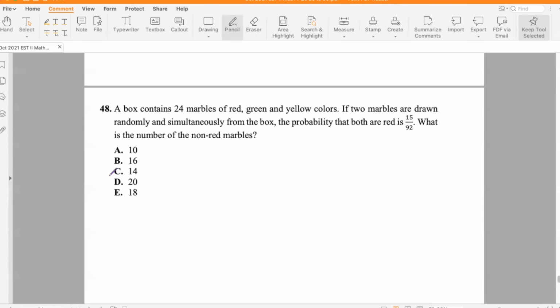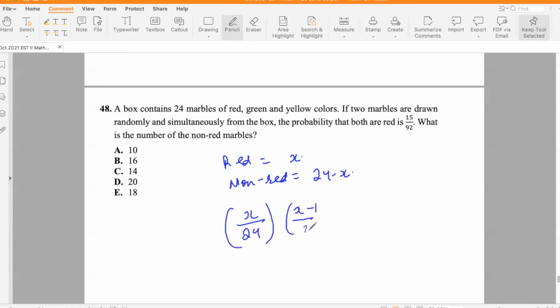Okay, so let the number of red marbles be X. Then non-red would be 24 minus X. So if you're selecting two marbles, right? Okay, so the first being red will be X by 24. And the second being red would be x minus 1 by 23. And that is 15 by 92, right?